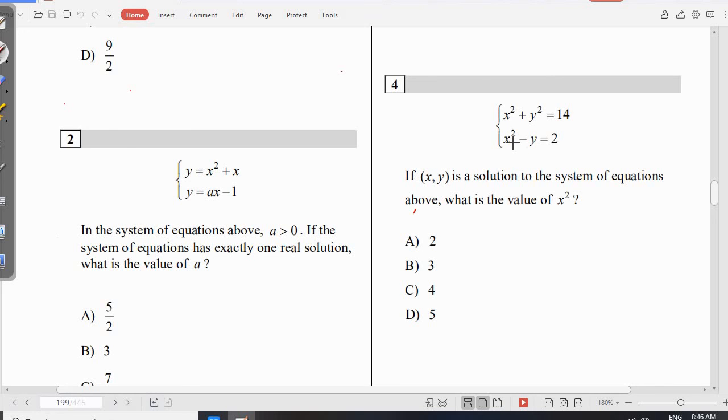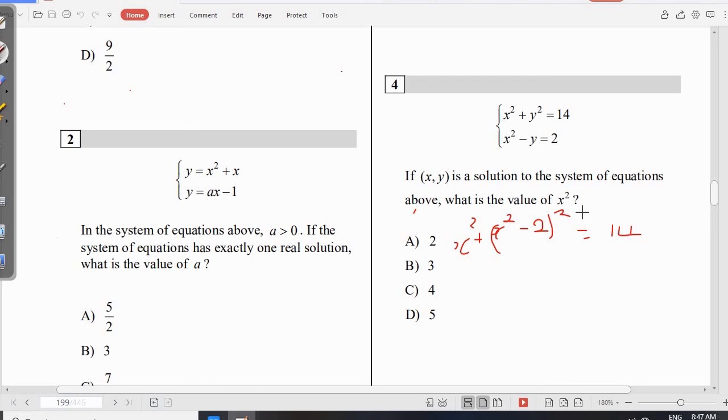This time let's make y the subject of the formula. So you have x squared minus 2 is equal to y. So let's drop that over here: x squared plus x squared minus 2 all squared equal to 14.